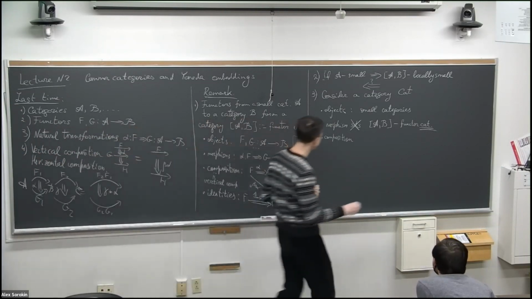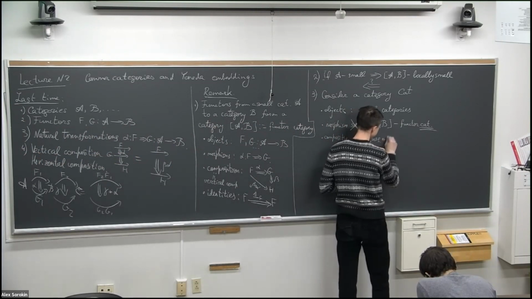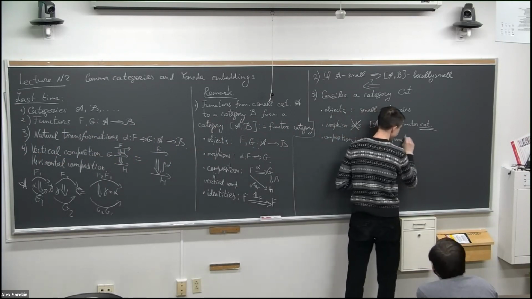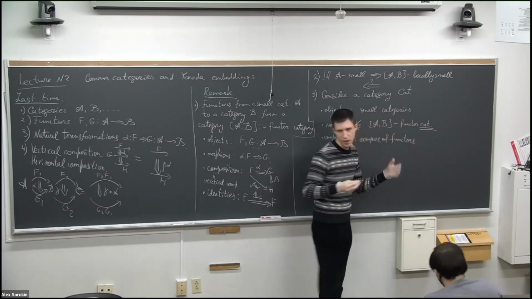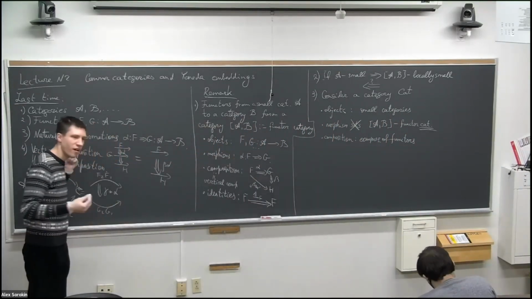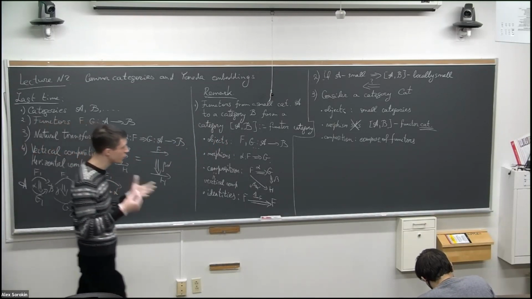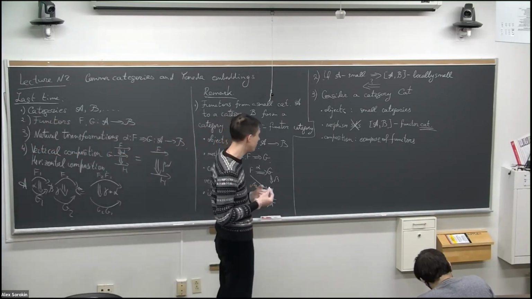Composition is composition of functors, applying one after another. Why do I emphasize this? We have up to now 3 compositions: composition of functors, vertical composition, and horizontal composition. Too many things to be composed with. So this is a composition of functors.